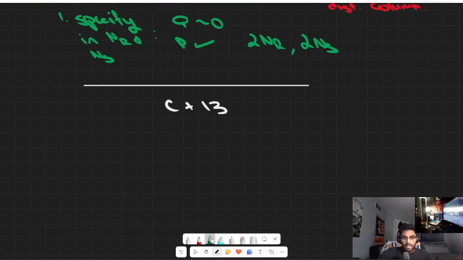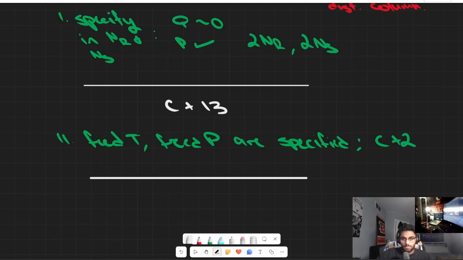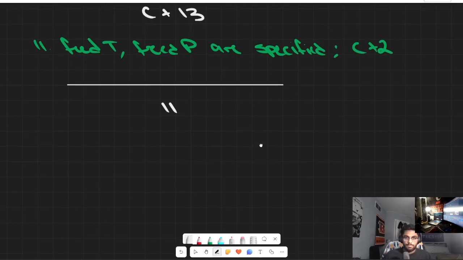Next thing that I can specify is that our feed temperature and our feed pressure are specified. And this will account for C plus 2. So what is left after this is just 11.